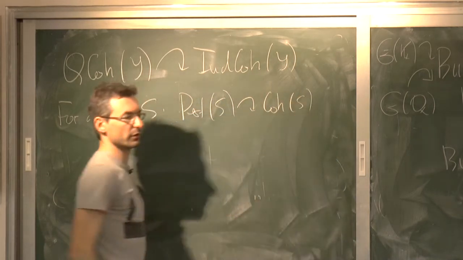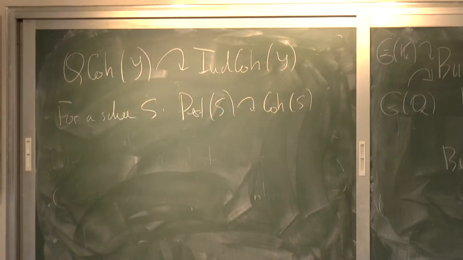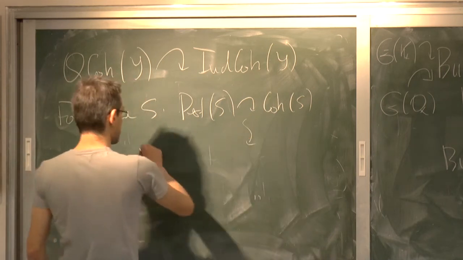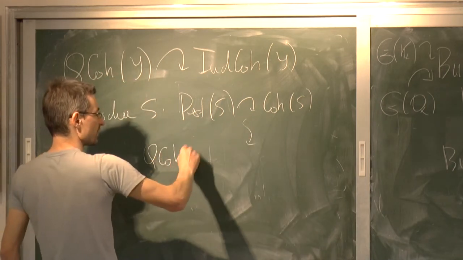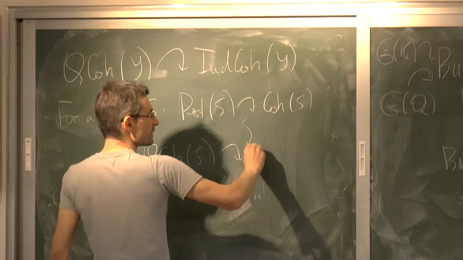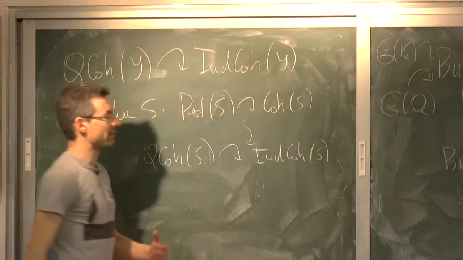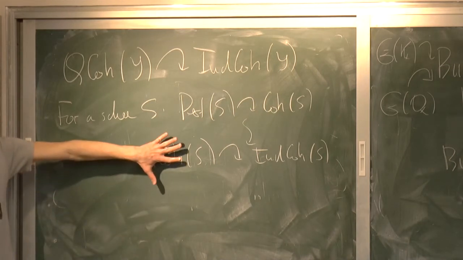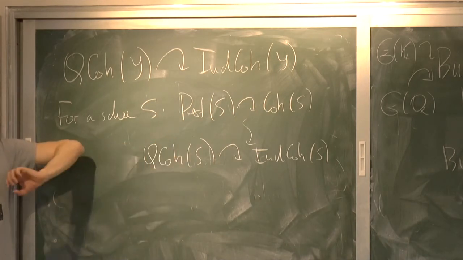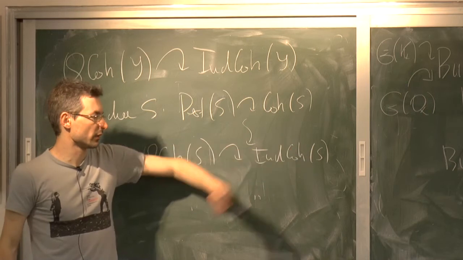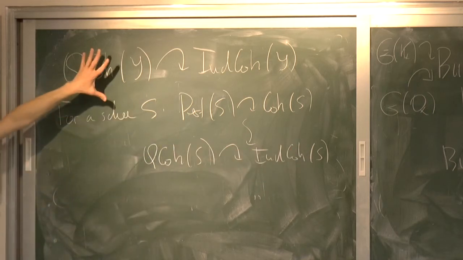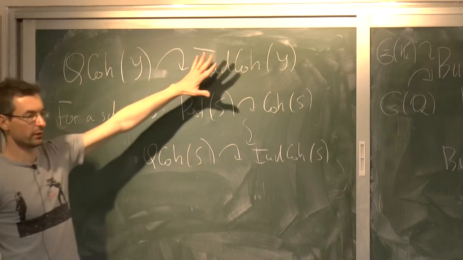You can tensor anything coherent with anything perfect, and you'll get something coherent. This leads to an action of quasi-coherent sheaves on IndCoh sheaves. This is compatible with star pullbacks along the quasi-coherent side and shriek pullbacks along the IndCoh side, leading to an action of QCoh of Y on IndCoh of Y.